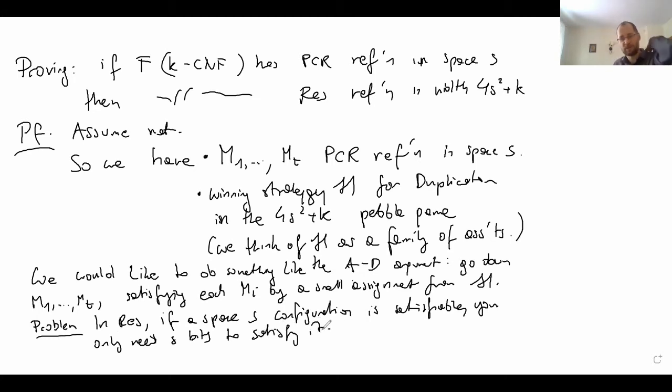One per clause, right? The space S means S clauses, and you just need one variable per clause to satisfy the configuration, if it's satisfiable at all, of course. In PC or PCR, that's not the case.